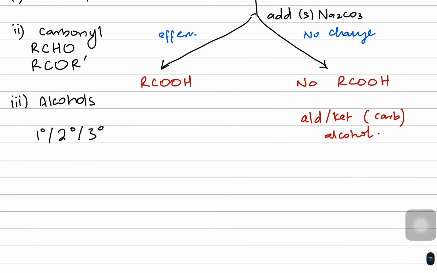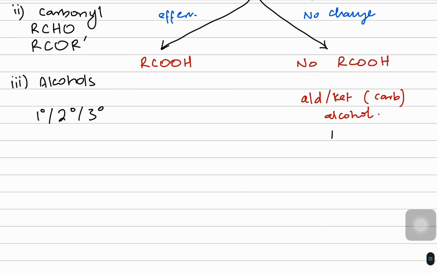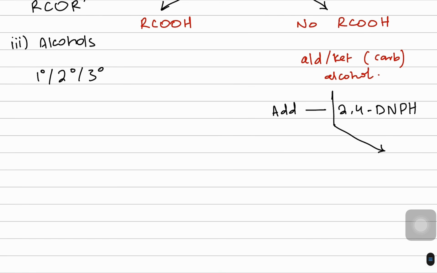Now, in order to test the carbonyl nature further, I would add 2,4-DNPH. Again, there are two possibilities. Either you get orange precipitates.